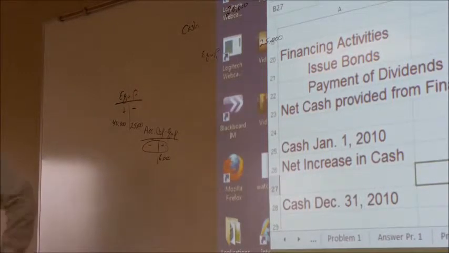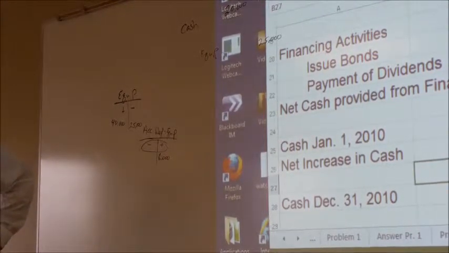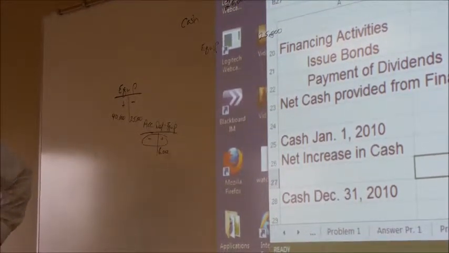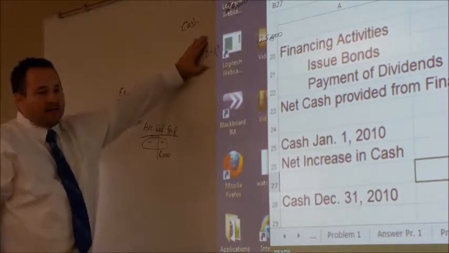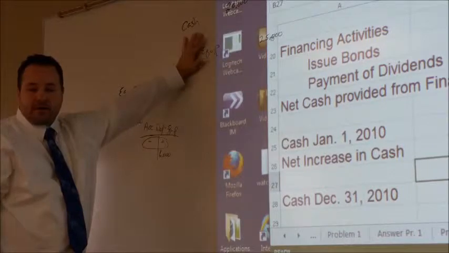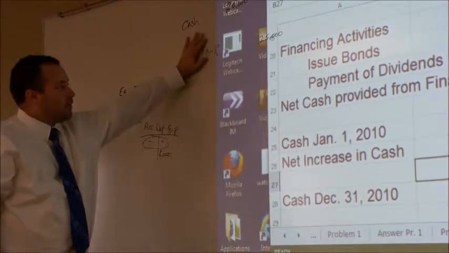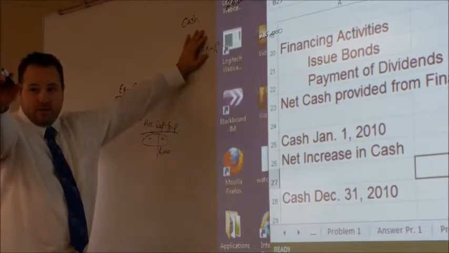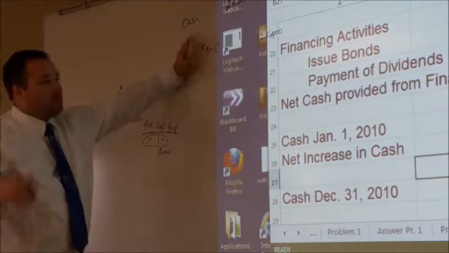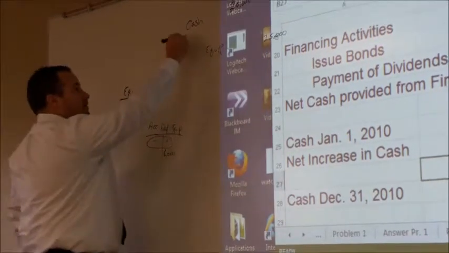So if I tell you something has a book value of 21,000, but it's listed at 25, the other 4 come from where? Accumulated depreciation.